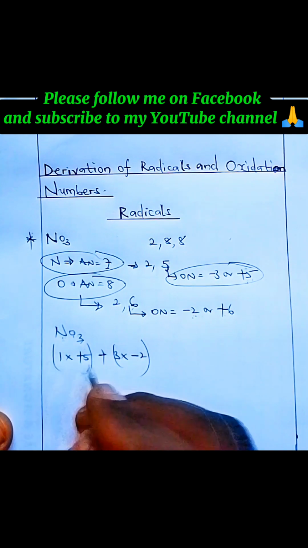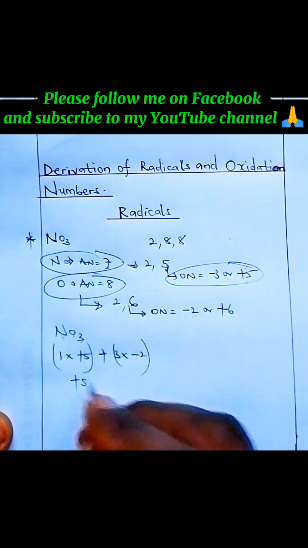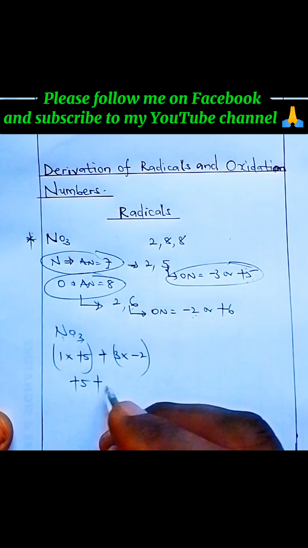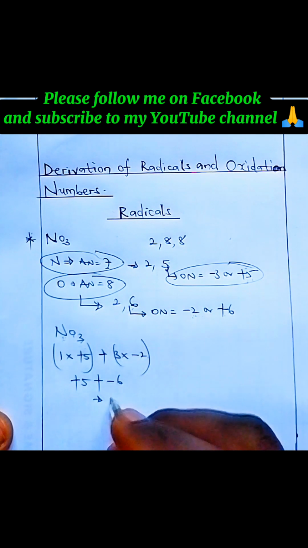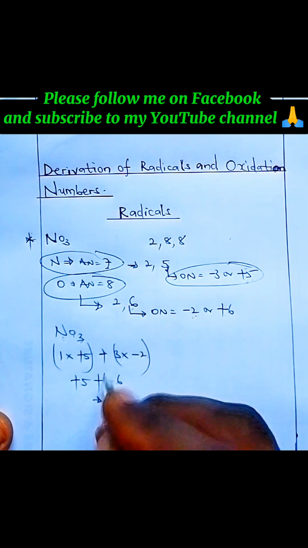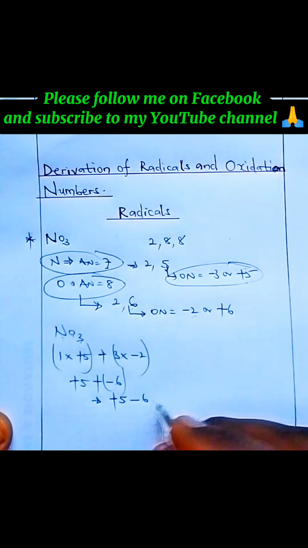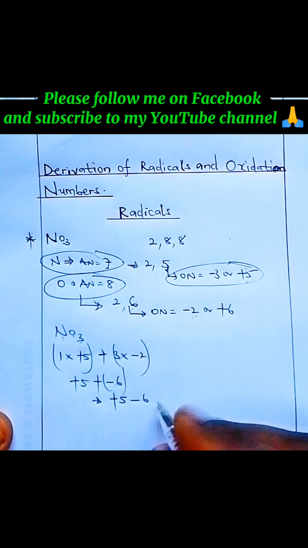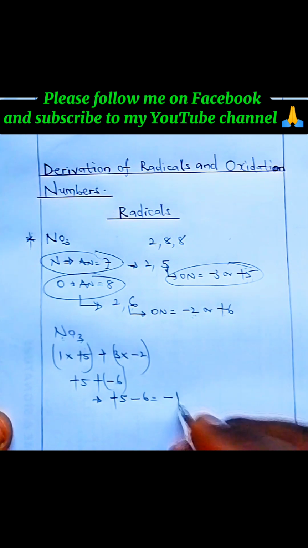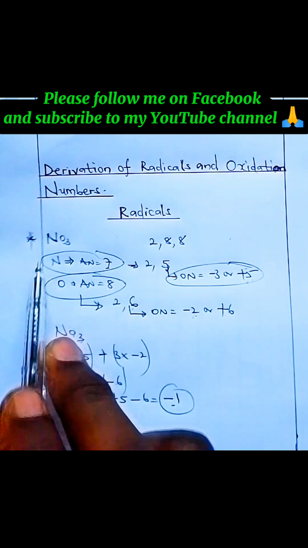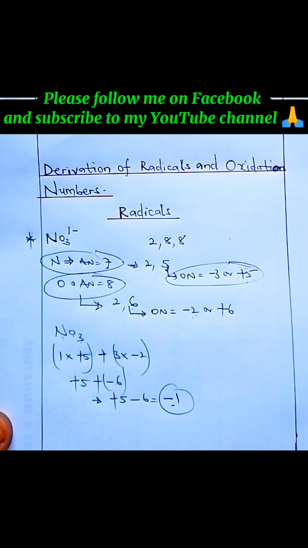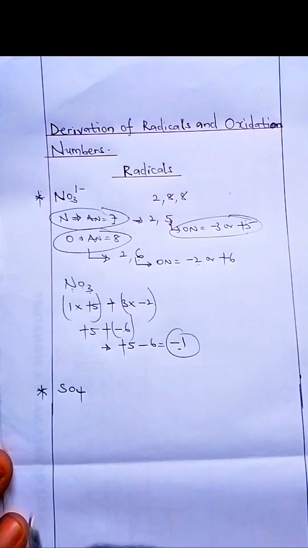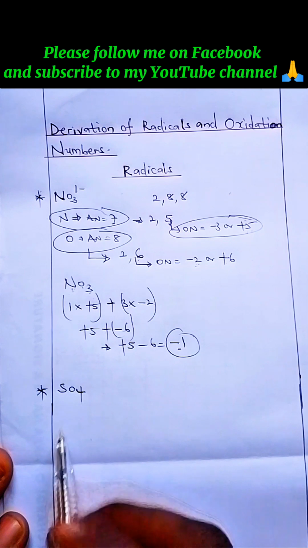So 1 times plus 5 is plus 5, then plus 3 times minus 2 is minus 6. This is basic arithmetic, and it is very important you have your knowledge of that. Plus 5 minus 6 will give us minus 1. So it means NO3 is 1 minus. It means NO3 is an anion. That's what it means.